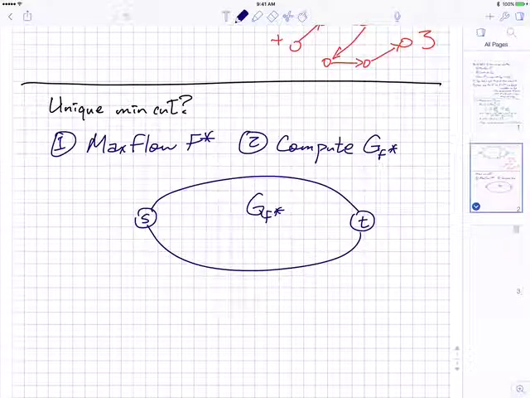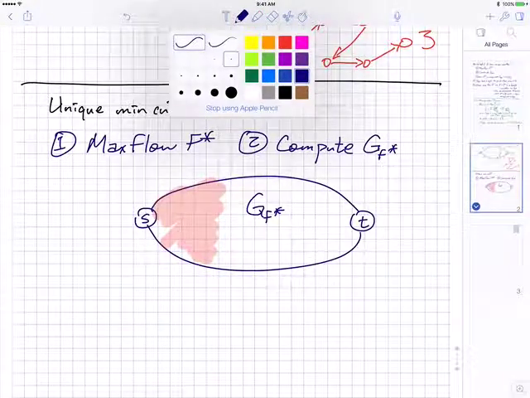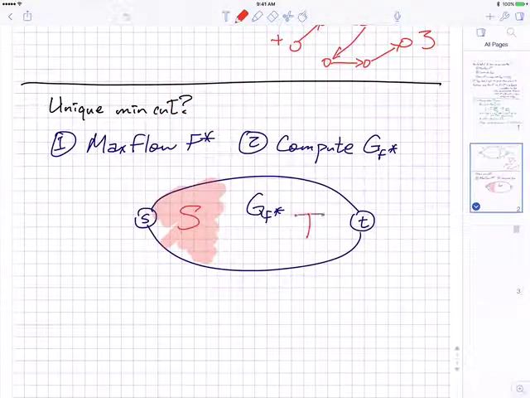Once I've computed a maximum flow, I can extract a minimum cut from it by asking what vertices I can reach from S versus everything else. So I apply whatever first search in this residual graph, starting at S, and ask what I can reach. This subset of vertices I could call S, and everything else I could call T, and this gives me a minimum cut.